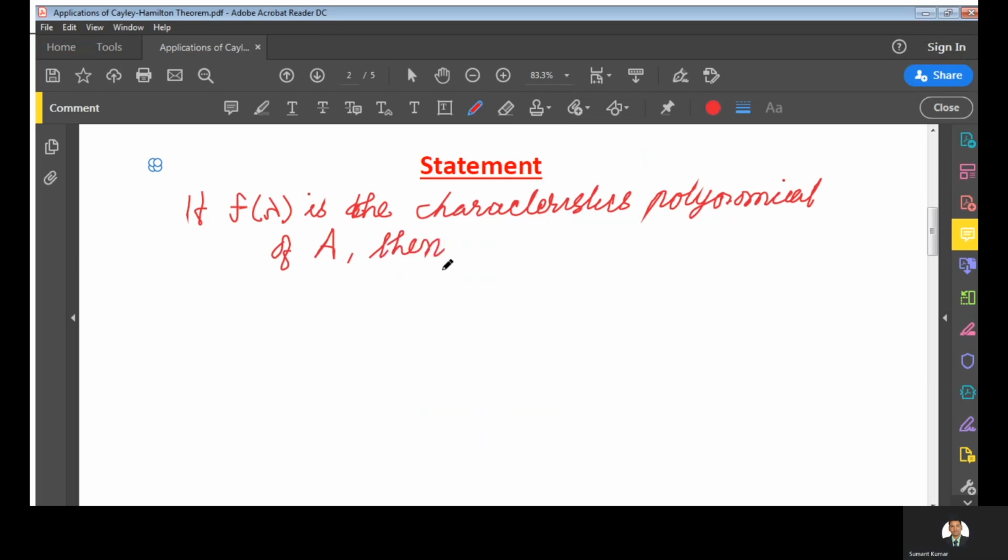Then f of A must be a null matrix. This is the statement of the Cayley-Hamilton theorem.